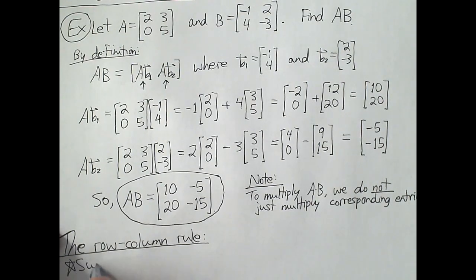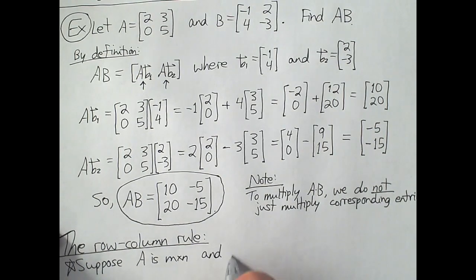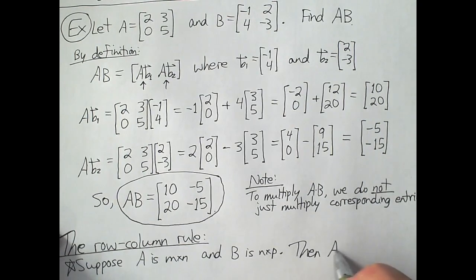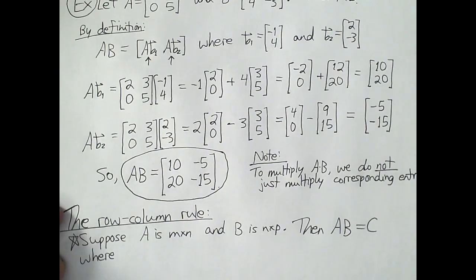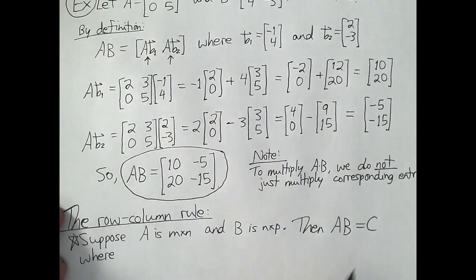So first of all, suppose A is m by n, and B is n by p. Then AB equals C, where, so matrix times a matrix equals a new matrix, where each entry of C is.